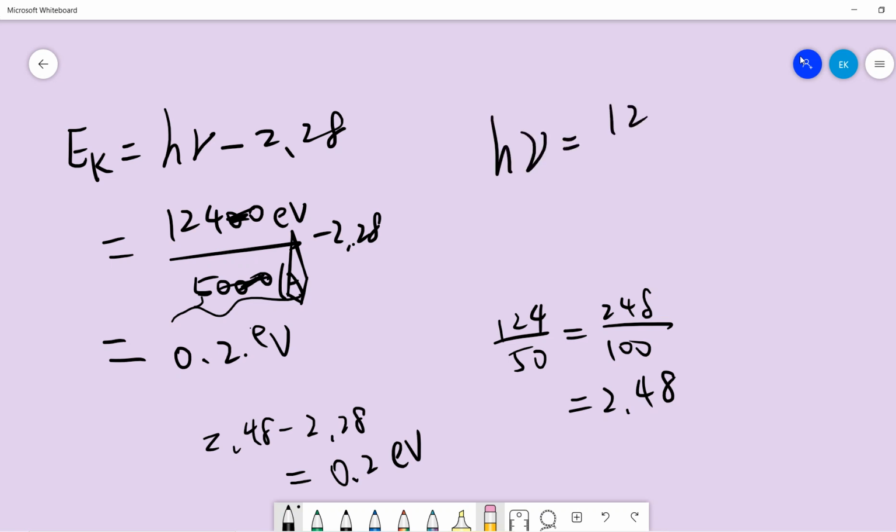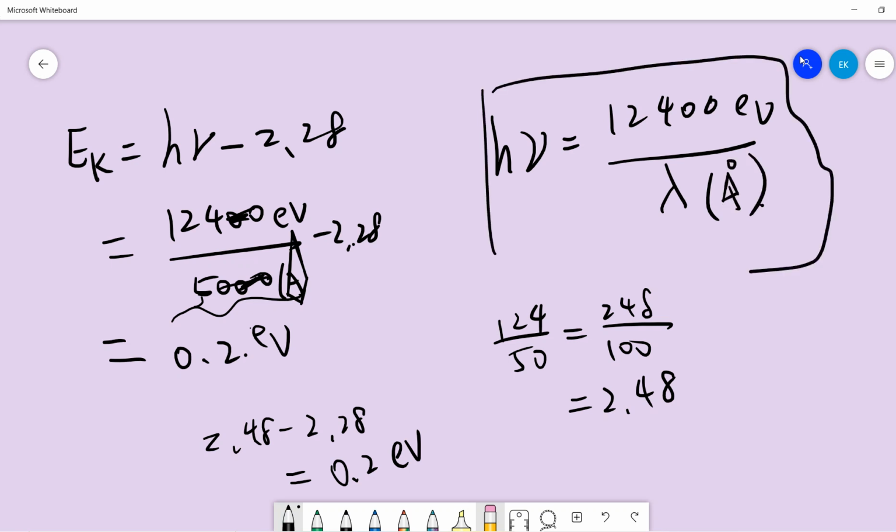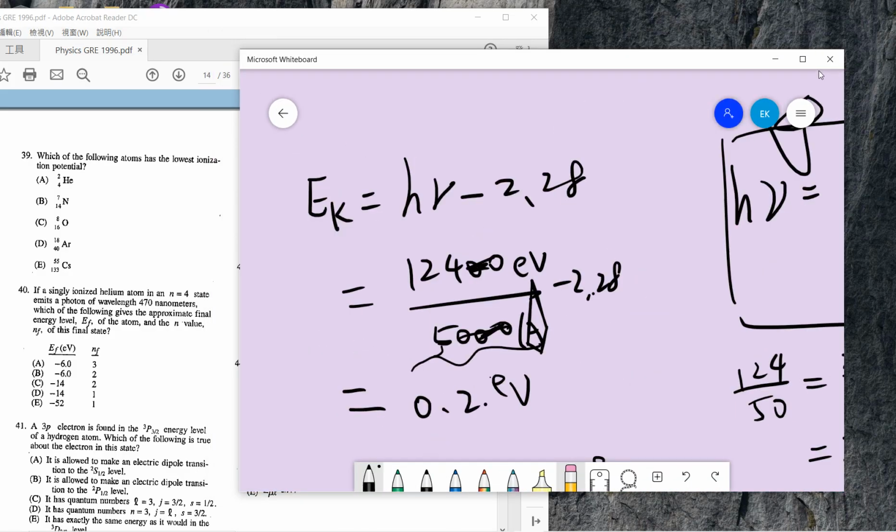I suggest that you remember this formula for hν, and for the units you need to use Angstroms. It's a very important and convenient formula. So the answer is 0.2 eV.